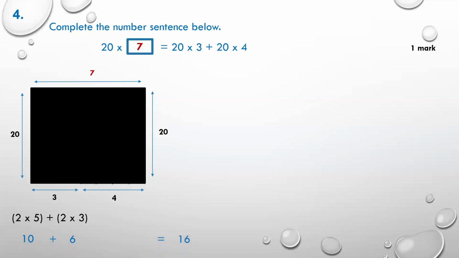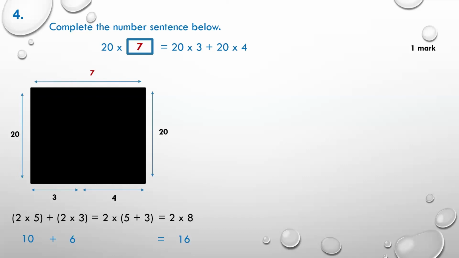How do you get 16? 2 sets of 8. So if we look at that line written in black, 2 times 5 and 2 times 3 ends up being 2 times 8. How are they getting 8? They're adding the 5 and the 3. And that's the same thing we did above.